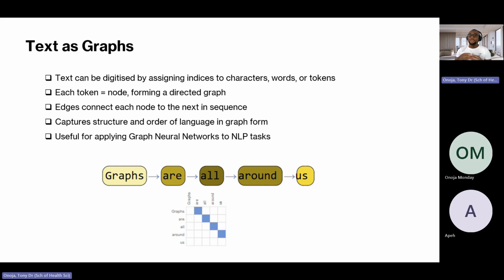We can use this kind of graph neural networks to help us recognize which of the words, the tokens, has more weight than the other one. For example, this sentence: graphs are all around us. The ones with more weight will be "all around". So that kind of way of assigning this weight, we could represent it in form of a heat map where, remember we said the adjacency.